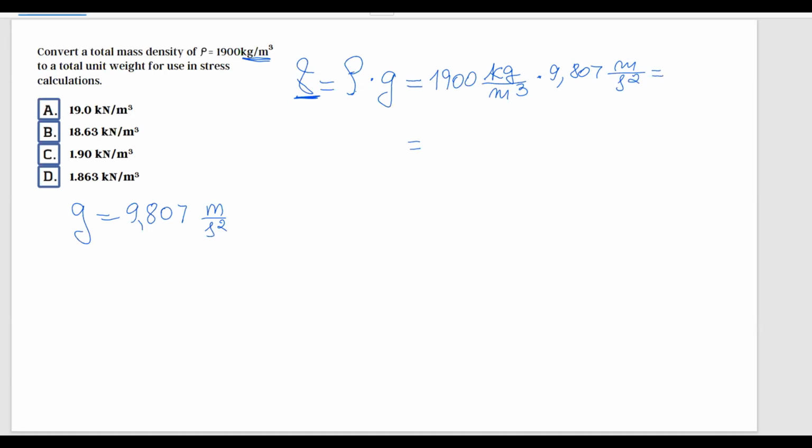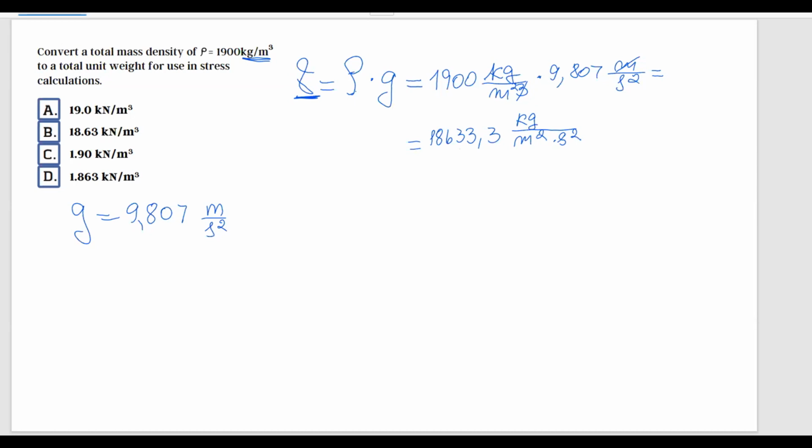We have 1900 multiplied by 9.807, and I get a value of 18,633.3. Let's do some reduction, meter with meter. I'm going to have kilograms divided by meters squared multiplied by seconds squared.